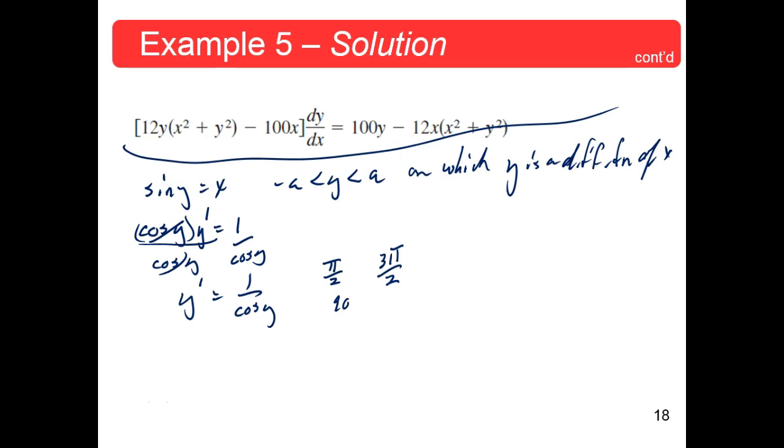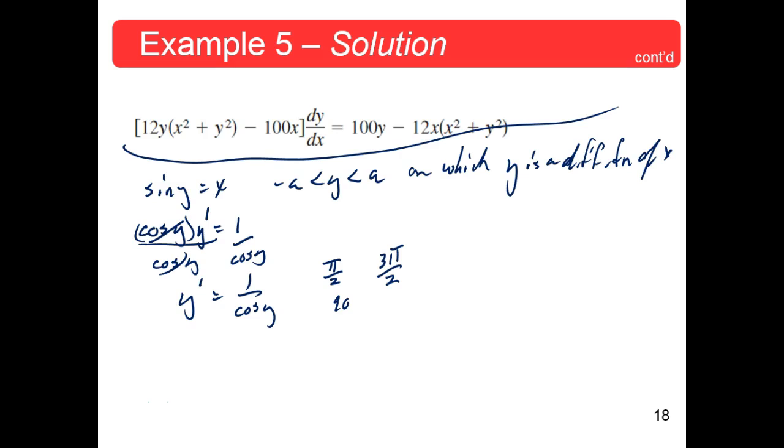So if we stayed in between that, but what's wrong with that picture compared to what they're asking us? It's supposed to be negative. They're asking what values of y, which you could find as negative a to a; these are both positive.